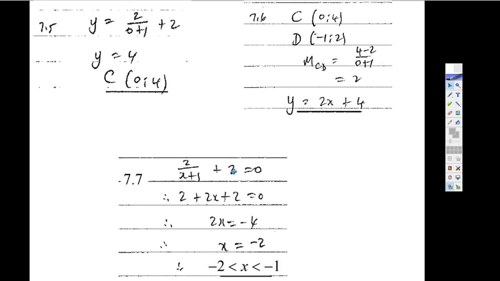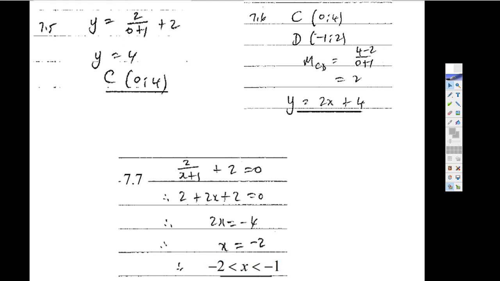You just get 2. 2 times x plus 1. 2 times x is 2x. 2 times 1 is 2. That gives you 4. We subtract 4, we get 2x equals minus 4, and then 2x divided by 2 is x, minus 4 divided by 2 is minus 2.